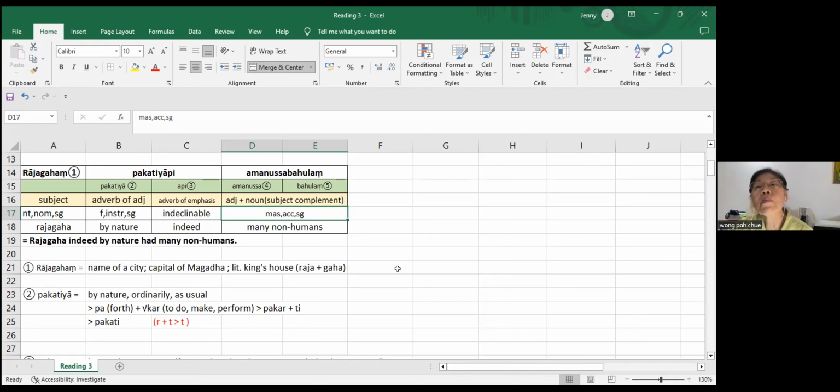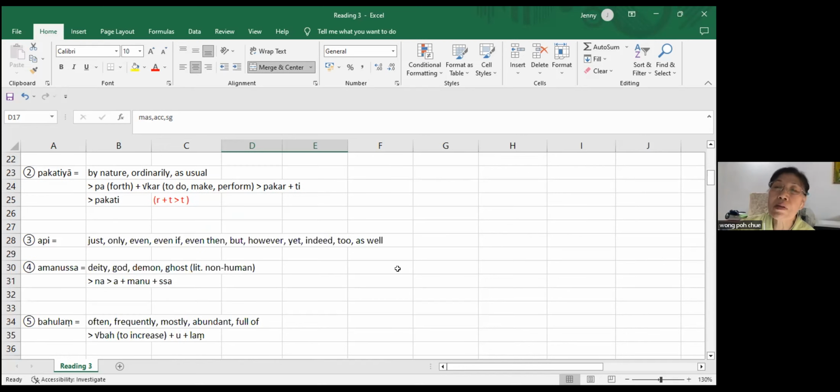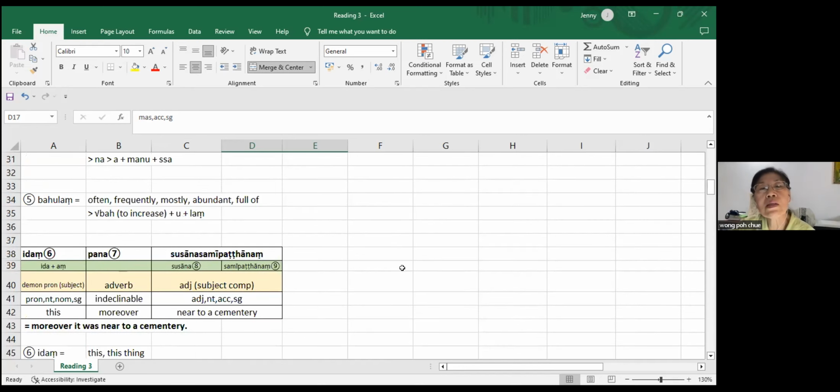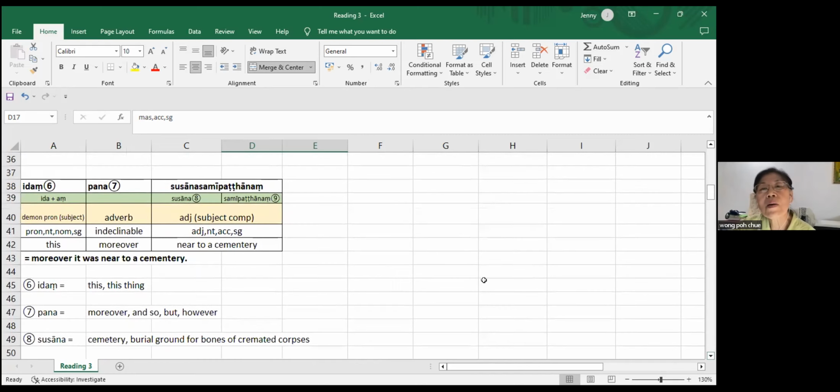Okay, this is the first part of this sentence. The second part is Idang Pana Susana Sami Patanang. There's also a subject here, Idang, and the object here is a cemetery, because this sentence means moreover it was near to a cemetery.